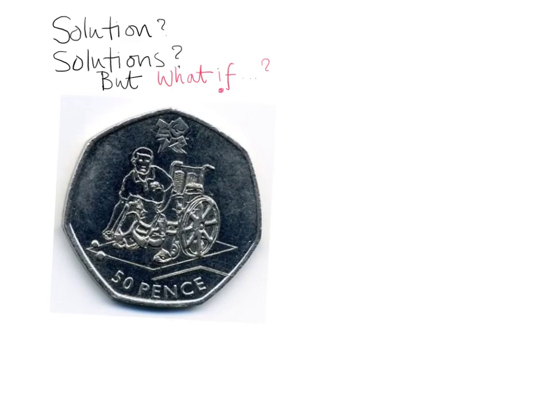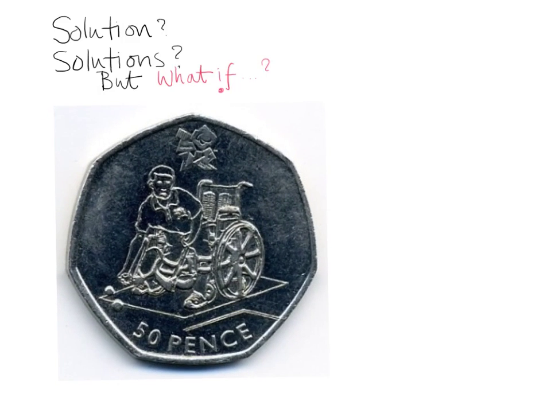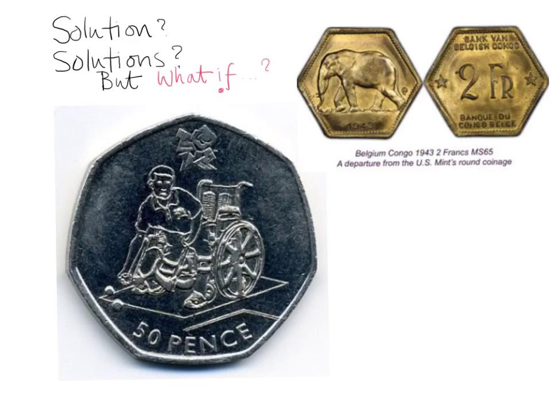It has 7 sides. It's a heptagon. Or this. 6-sided 2-franc coins minted in 1943 in the former Belgian Congo, now the Democratic Republic of the Congo. Hexagons.